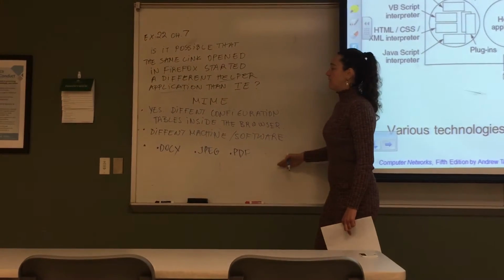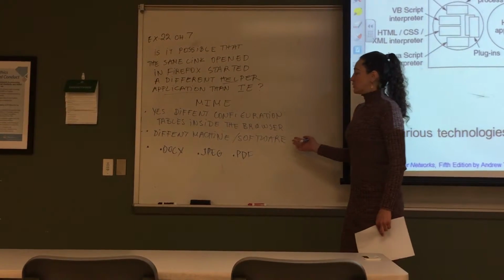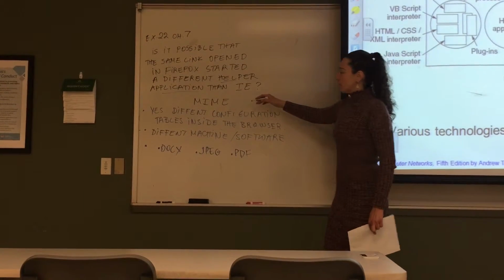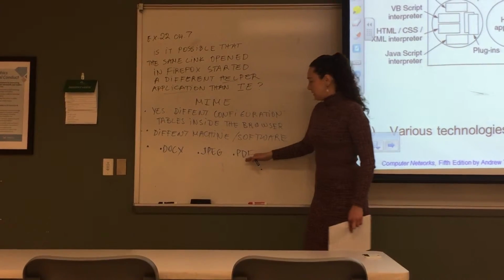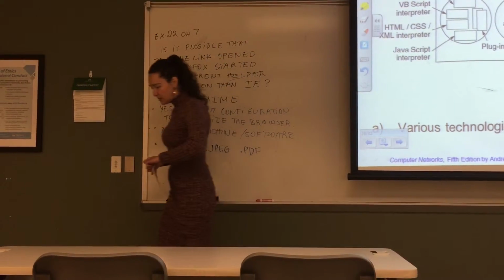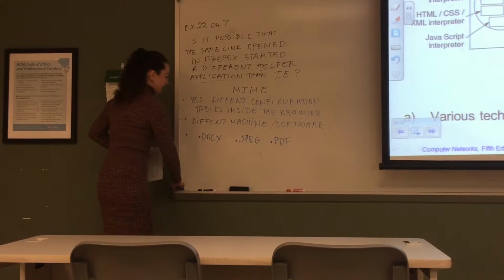They associate file extensions with the application, which might be different than what the MIME type specified. So Microsoft takes this as more important than the MIME type. That's why Internet Explorer might end up opening something different than Firefox.